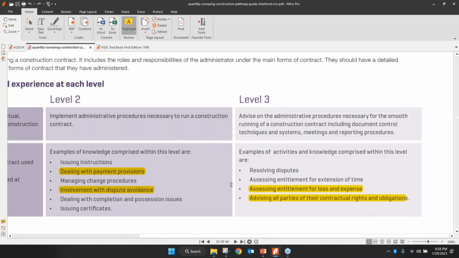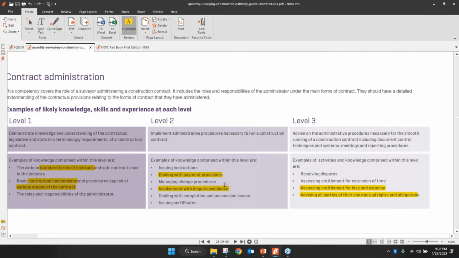So look, meanwhile we are discussing, look at the RICS syllabus. You go and see, okay? This document is publicly available. Various standard forms of contract under contract practice, basic contractual mechanism, same thing. Change control procedure, valuation, claims, loss and expense means a claim, final account, okay? Appropriate form of contract, how to choose. And if you go to design economics, preparing the cost report, based on the type of contract, it is going to be different.